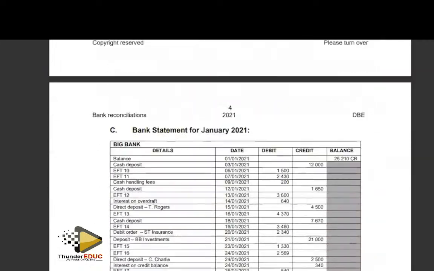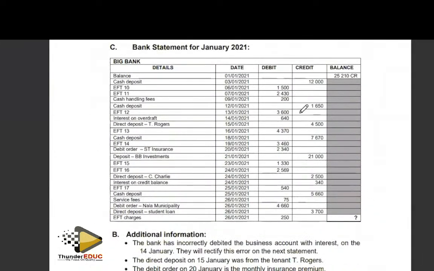So we are going to apply the principles which are done by the bank. Remember, I said that whenever the bank debits, for us, we are paying. Whenever it credits, for us, we are receiving money. This one confuses students because they think that whenever money comes in, we have to credit. But remember, this statement is not for you, it's for the bank. Whenever you put money in the bank account, it means that the bank is owing you that money. It's not their money.